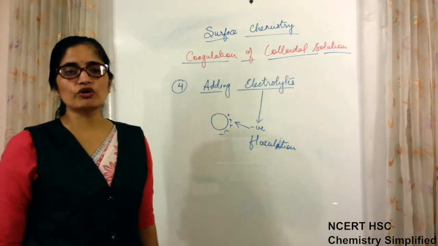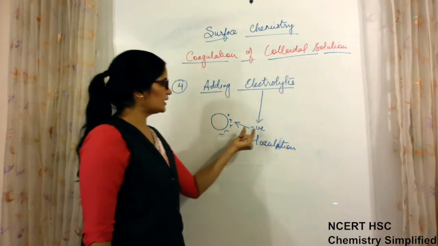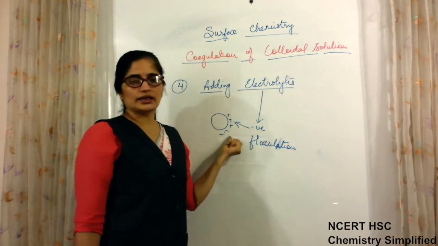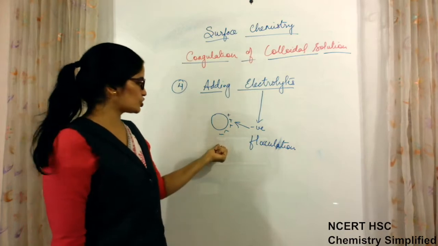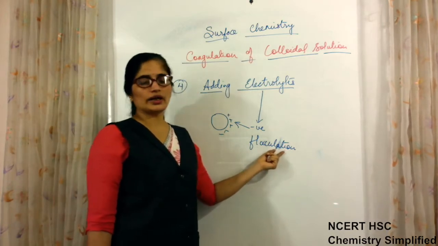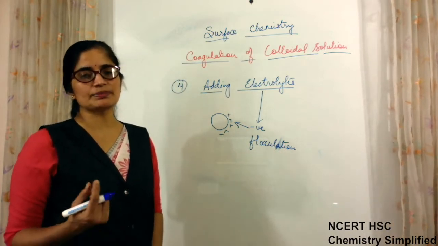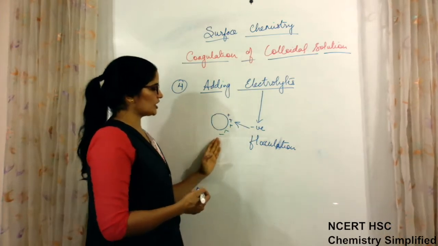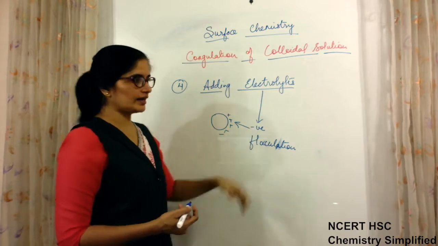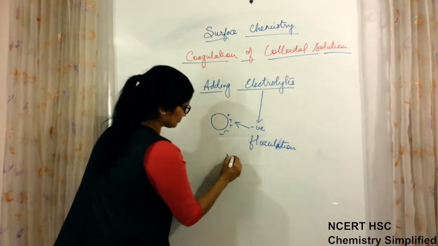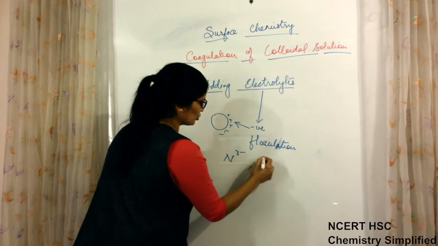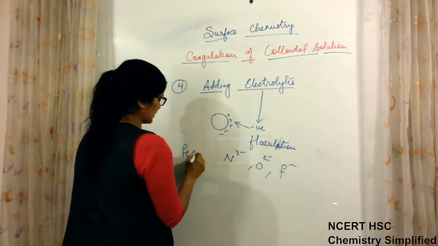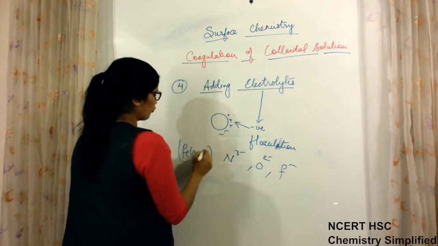This is also known as flocculation. Now this flocculation depends on the charge which is present on the particular electrolyte. If it is a positively charged sol and I want negative ions, then I may have, suppose, N3 negative, O2 negative, F1 negative and Fe(CN)6 4 negative.